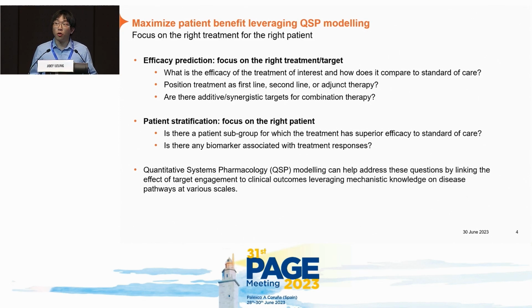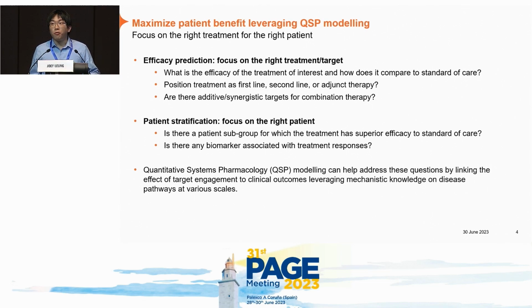First, we would like to know the efficacy and focus on the right treatment or target. The type of questions we ask there is, for example, what is the efficacy of the treatment of interest? How does it compare to standard of care? And then that would inform the treatment line position. And also we can look at additive or even synergistic targets in the QSP model for combination therapy.